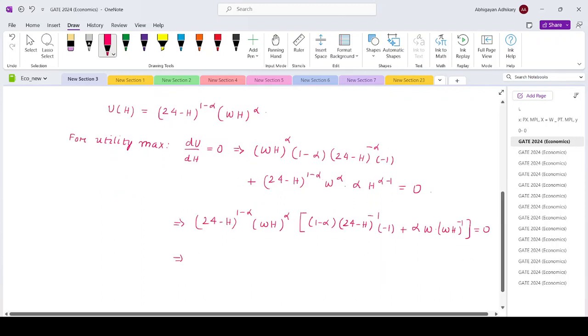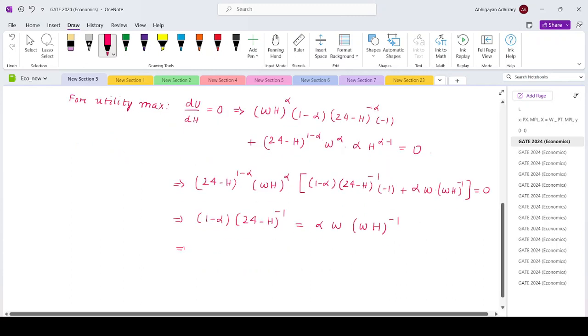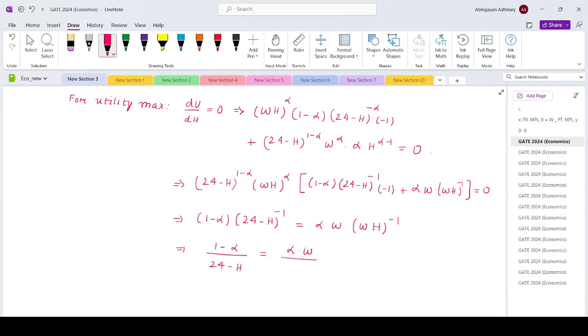So this implies 1 minus alpha into (24 minus h) is equal to alpha w into (wh) to the power minus 1. So that is, 1 minus alpha divided by 24 minus h is equal to alpha w by wh.